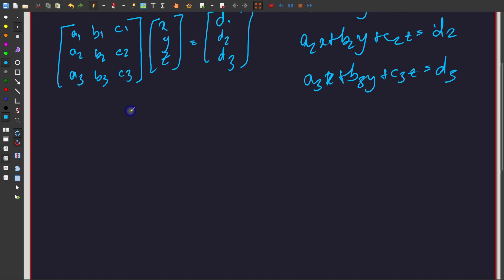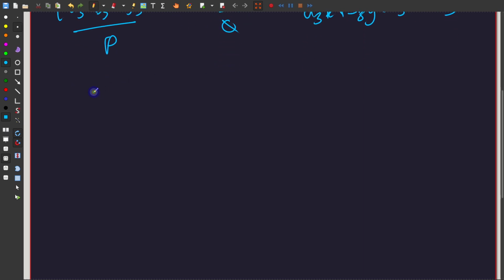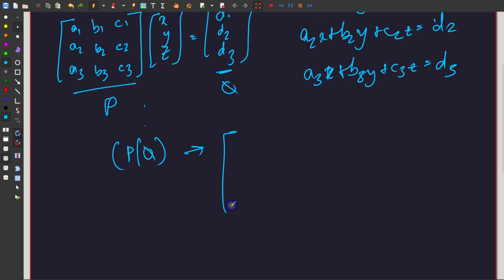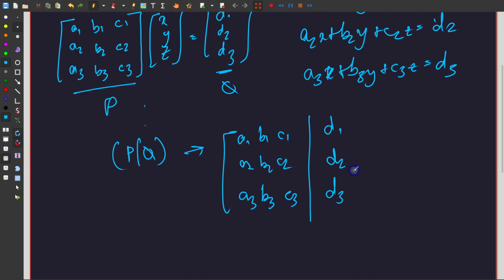So the simple idea is that you would take this P matrix, and the constants q, and make what is called the augmented matrix. You would take the augmented matrix P bar q, which would contain a1, b1, c1 bar d1, a2, b2, c2 bar d2, a3, b3, c3 bar d3, right?